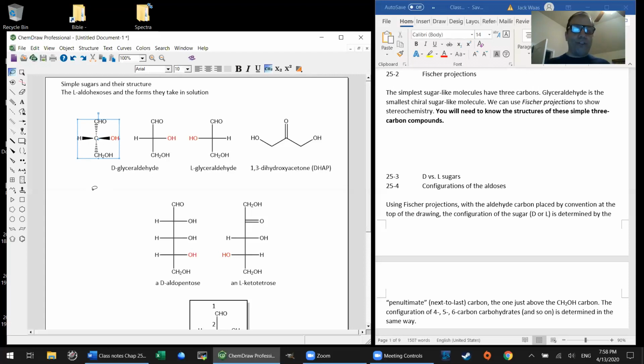We covered drawing structures in this way. There's a further shorthand to this kind of structure known as a Fischer projection. And so what I've drawn here is equivalent to this structure over here.